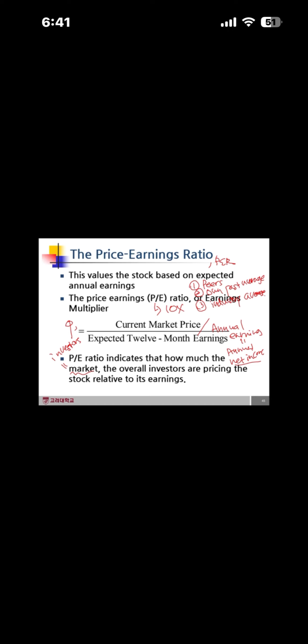However, it doesn't necessarily suggest that it is really expensive, because there are differences in average multiples by industry. Say the manufacturing industry PER has an average value of 10 times, while the software and internet industry has an average multiple of 20. So you cannot compare this ratio across different industries.